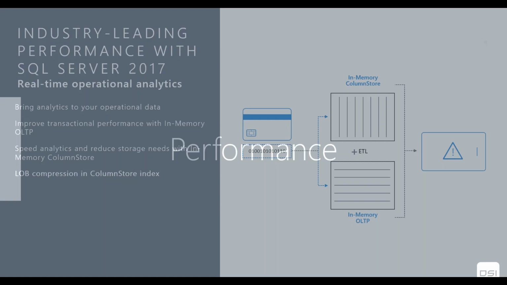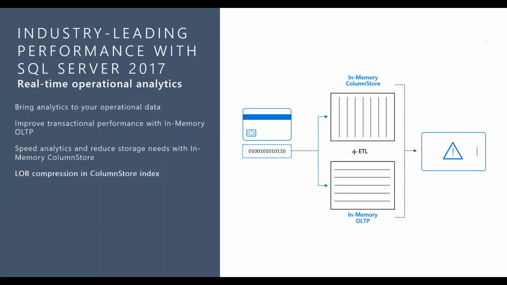So when we talk about performance, we'll just pull one example out here specifically. SQL Server has full capabilities for in-memory, and that can be both in-memory column store indexes, but also in-memory OLTP, so actual in-memory transactional systems. These can be updated dynamically, and the in-memory indexes update dynamically.